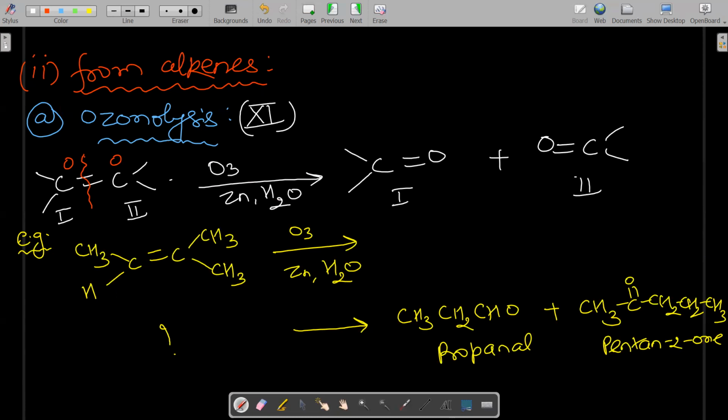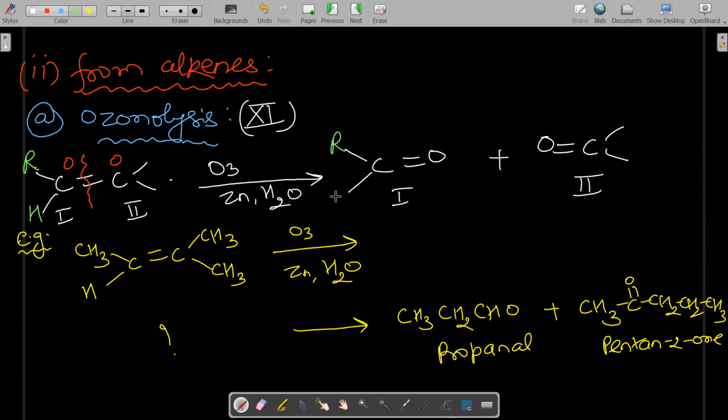This is the second product. Now it depends on whatever group is attached over here. Suppose here is any alkyl group, or here is hydrogen.